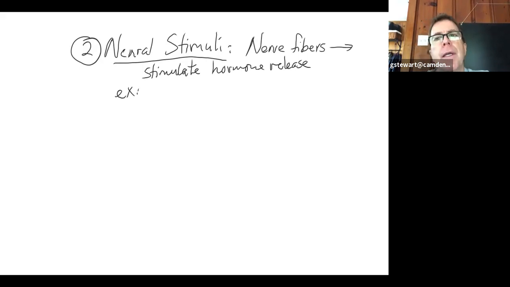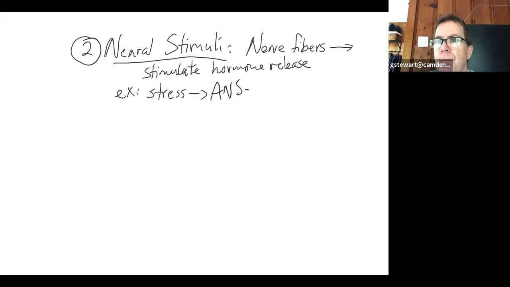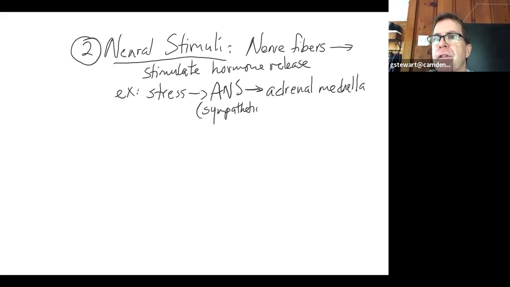Classic example is, we just learned this, and you're going to be tested on this topic today. So stress causes, I'm just going to write ANS, the autonomic nervous system, to innervate or stimulate the adrenal medulla. Remember, this is the sympathetic division of the nervous system.